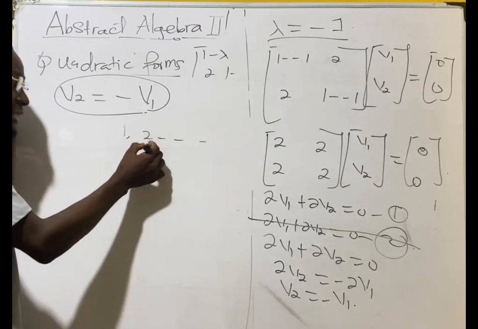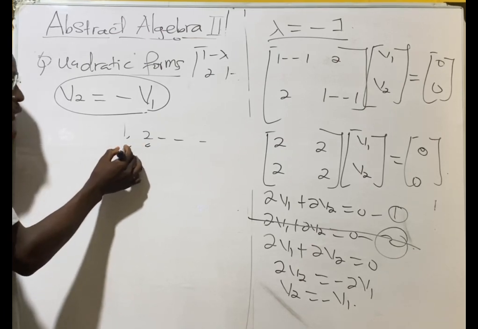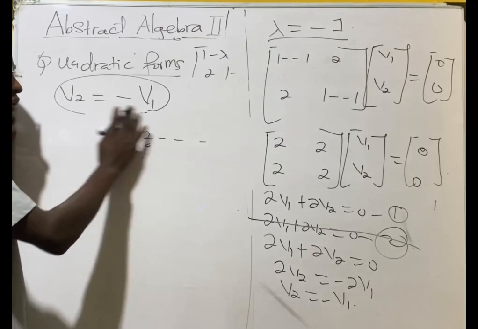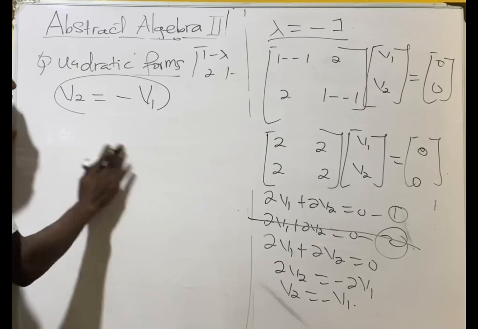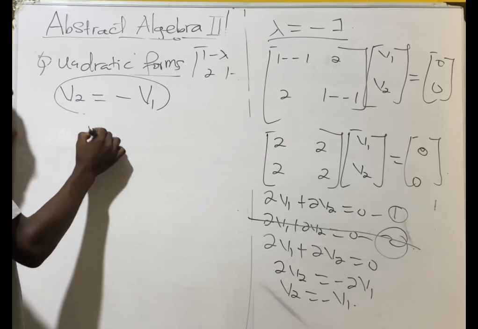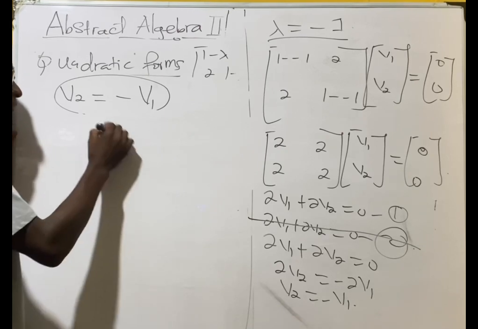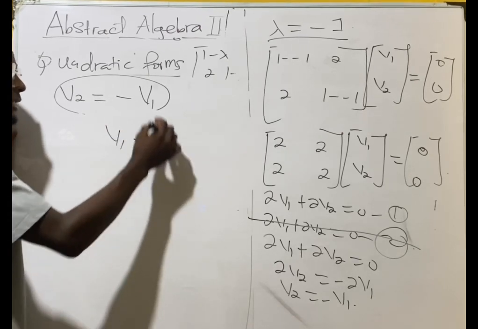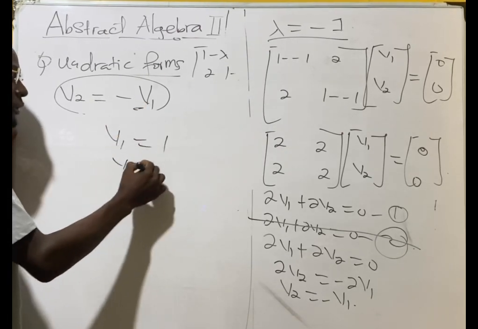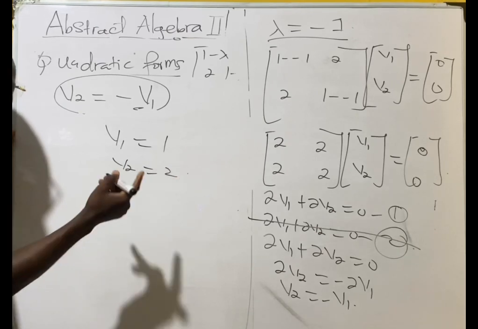So meaning 2 is greater than 1. So if you are doing this kind of assumption, you have to always say v2 equals v1, right? So that if v1 is 1 and it's 2 times of this, then v2 will be 2. You get a point?